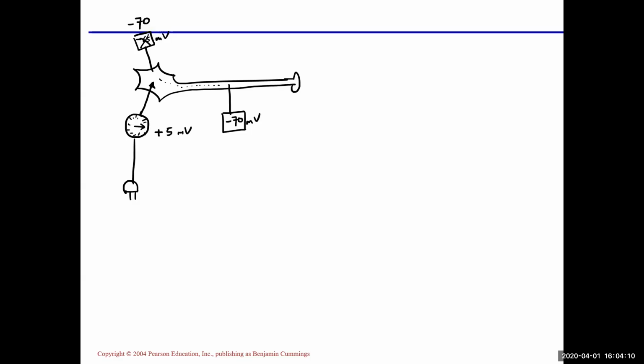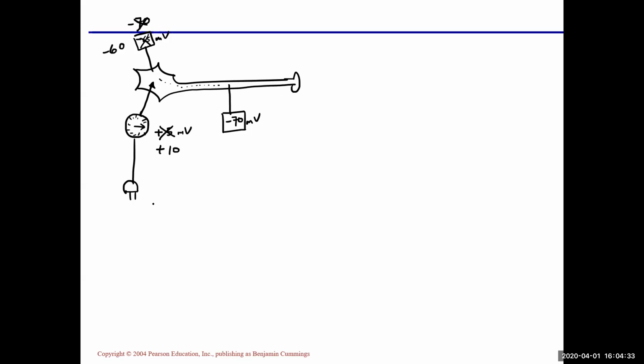Again, it pumps more positive ions out as opposed to potassium coming in. So it restores it back to -70. Now, if I zap this at +10, a similar thing is going to happen. In other words, in here it is now going to read -60, and again, that's not going to change either.